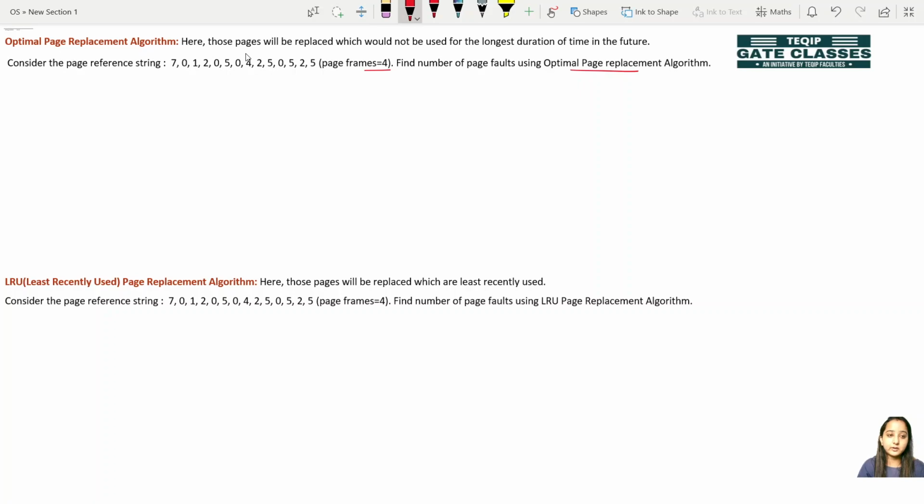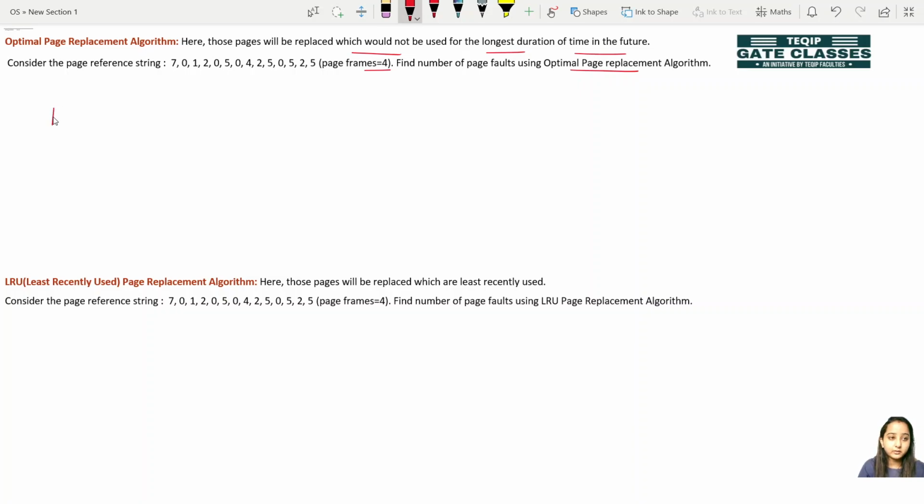So what you do here is, those pages will be replaced which would not be used for the longest duration of time in the future. We have to see in the future the particular pages that are not used for the longest duration of time, we will replace that page if a new page comes.